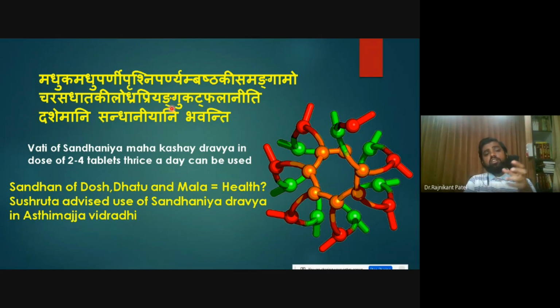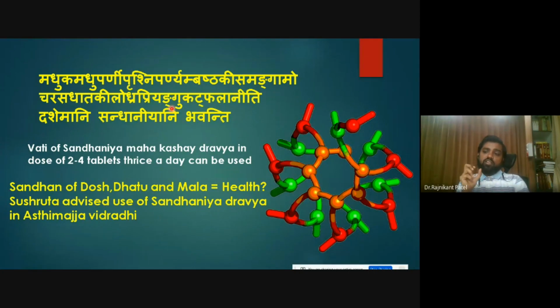So our body is made up of dosha, dhatu and mala. When these three are working on track, the person is leading a healthy life. When any one among these three is not working on track, or not working collectively, or not working together, we have a disease.